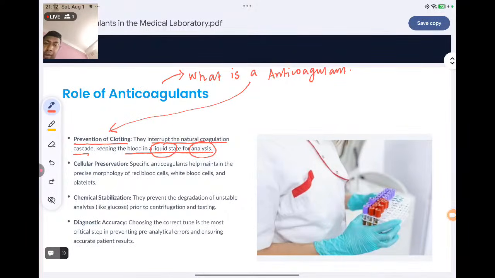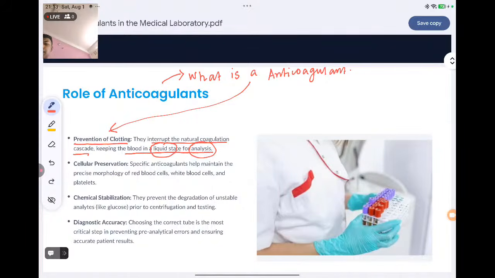Now, there are some specific anticoagulants in which when blood is kept it helps us to study the precise morphology of red blood cells, white blood cells and platelets.